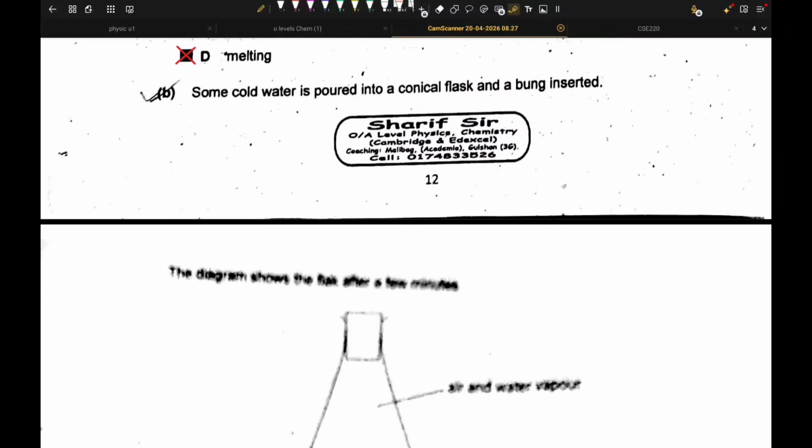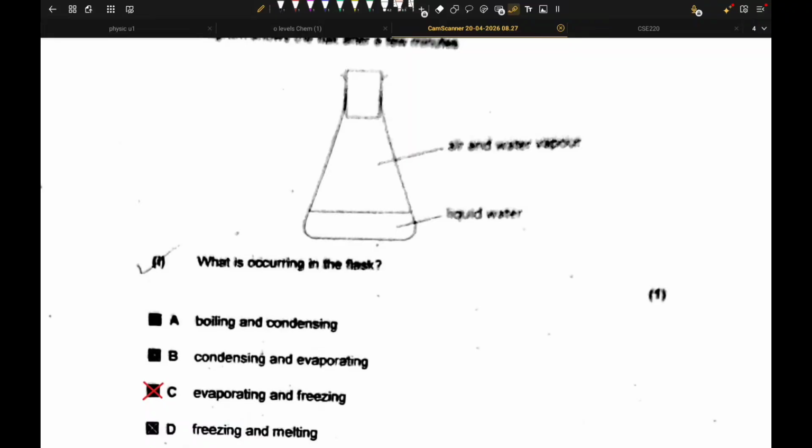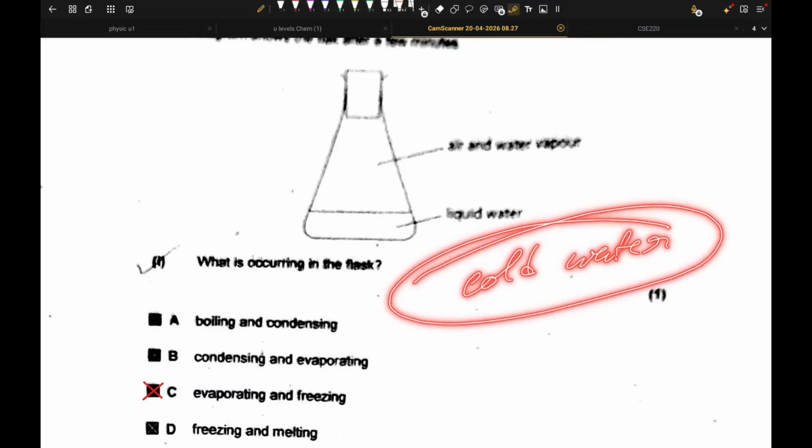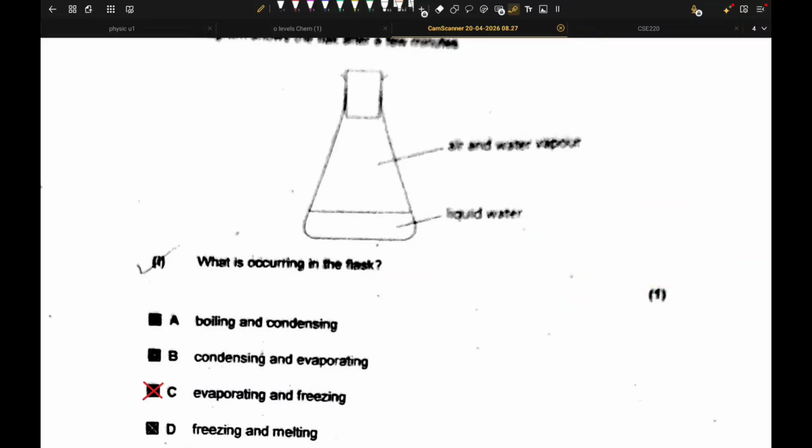Some cold water is poured into a conical flask and a bung is inserted. What is occurring in the flask? Now, they have mentioned cold water, which means the temperature is greater than that of the room temperature. If the temperature is greater than room temperature, it will eventually get hotter.